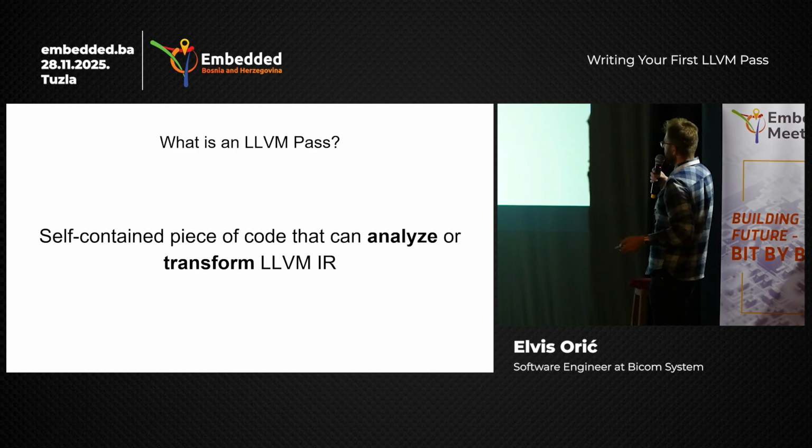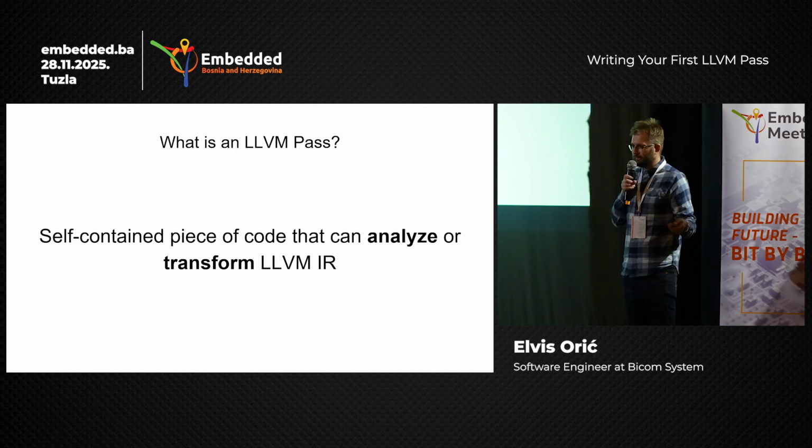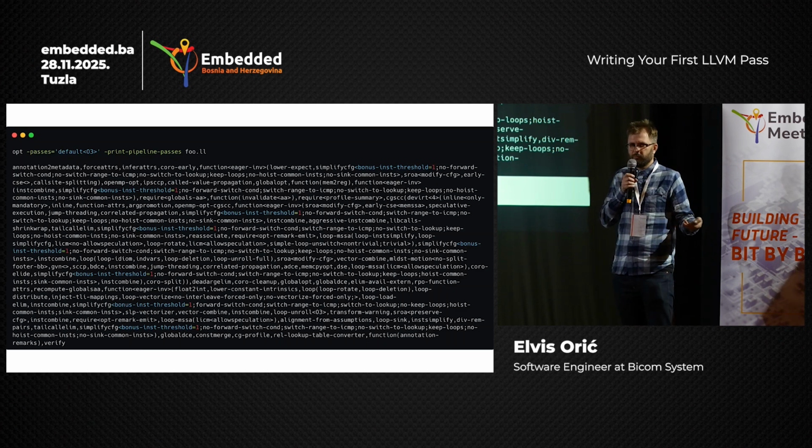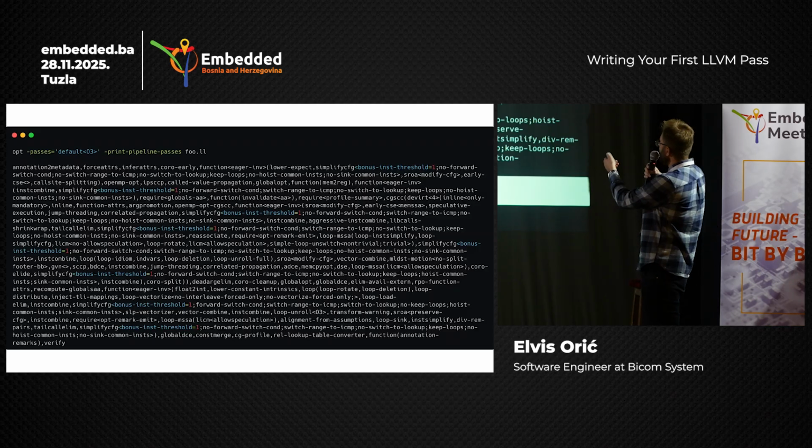Transform, well, we can transform and do a lot of different things. I'll share one example from, I think, 2 years ago. When we say transform, it's basically optimizations, right? This is a lot of optimizations from the O3 pipeline.